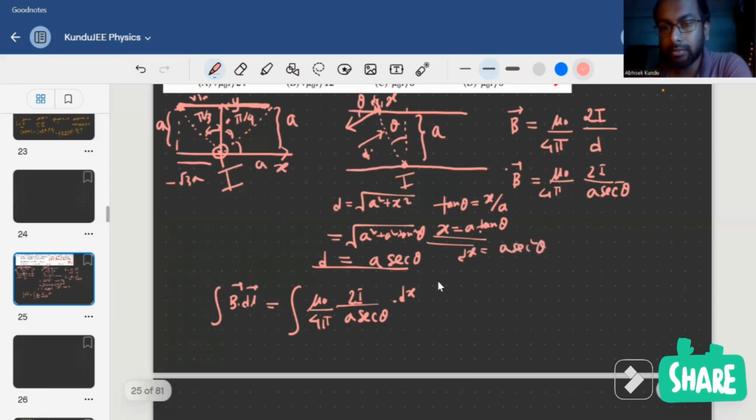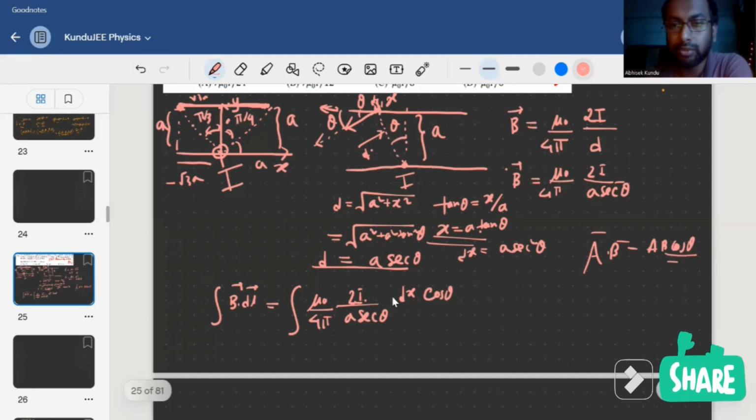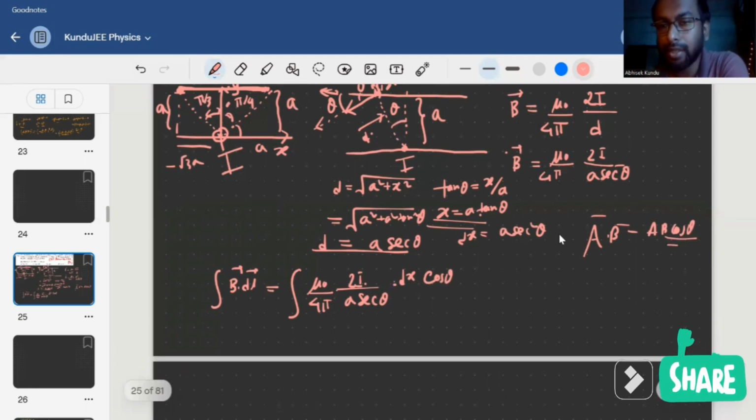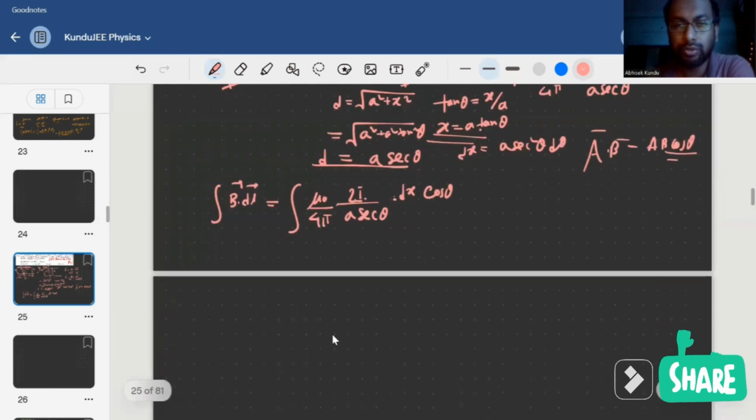B is directed toward this and dx is in this direction, so what is the angle between them? Theta. So B dot dx is B dx cos theta, because as you know, A dot B is AB cos theta, where theta is the angle between A and B. So dx is a sec square theta d theta. Just substitute those values here.